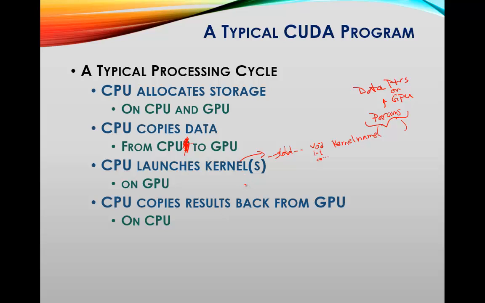The way it works is you use your kernel name with the triple chevrons of the sizes you want, with the data pointers you pass, and that way you launch your kernels.